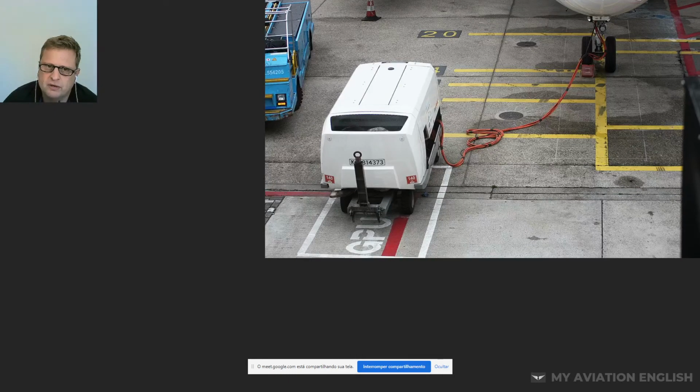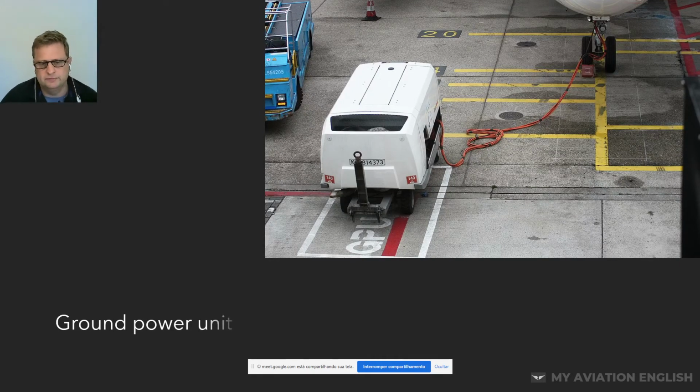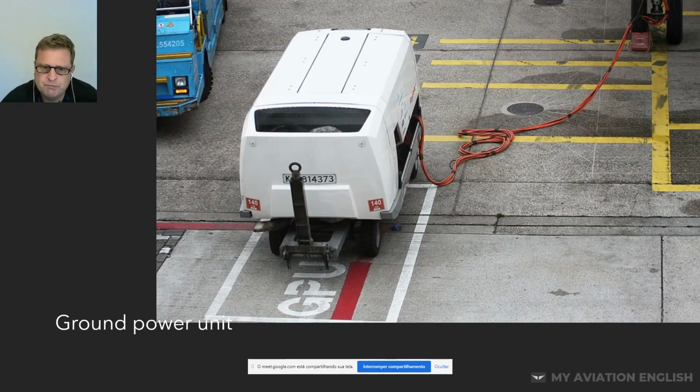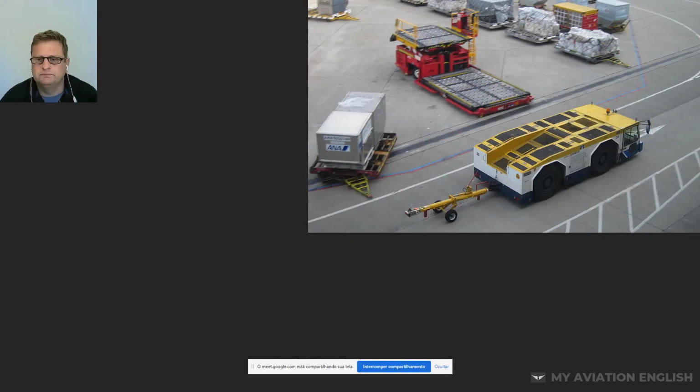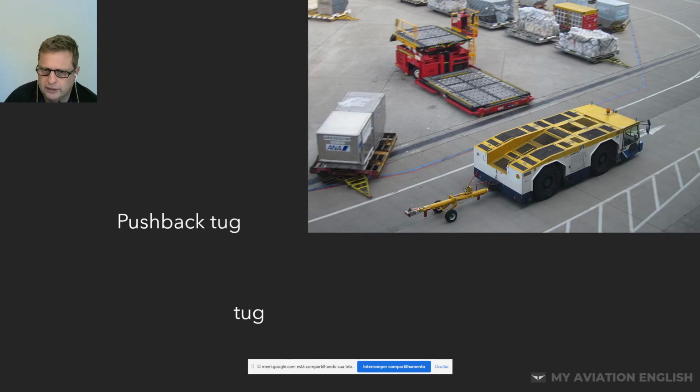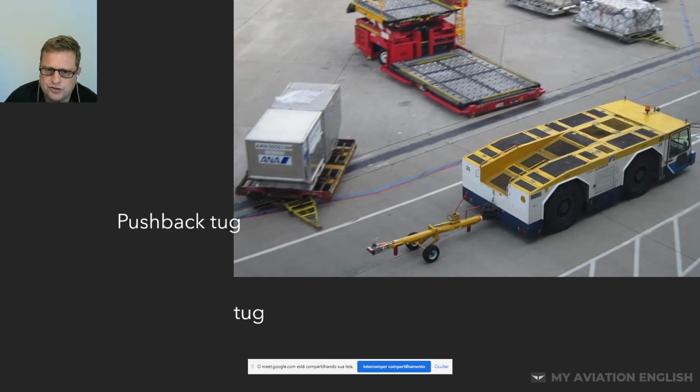Ground power unit. That's the powered service truck, the GPU. And this one, the yellow. Pushback truck. Tug. Pushback tug. Very good. Let's continue.